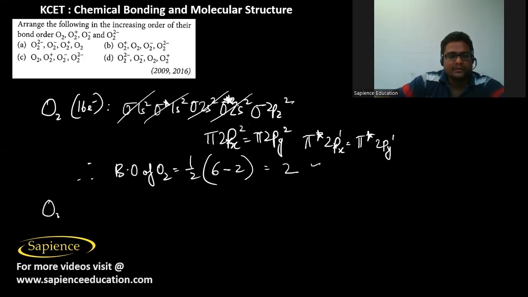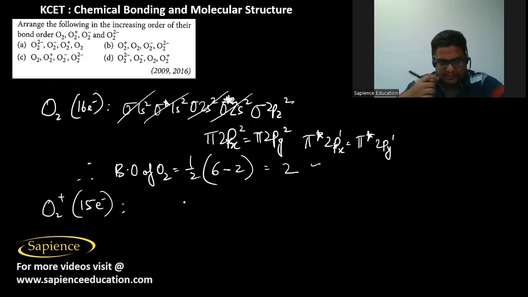Now O2 plus means it has 15 electrons. So it will be the same as that of oxygen, only here we will have pi star 2py 0. I have to write till pi star 2px1.